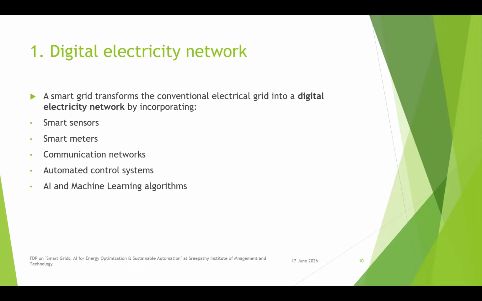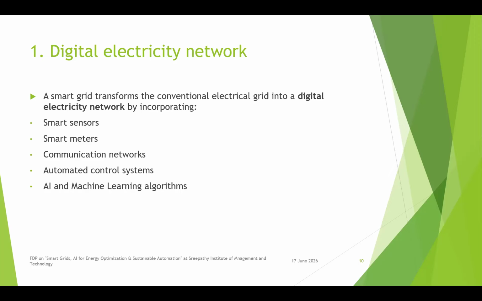So, digital electricity network. The smart grid transforms the conventional electric grid into a digitalized network. It has smart sensors, smart meters, communication networks, automated control systems, and other algorithms.